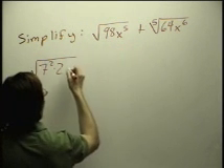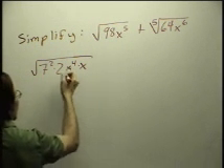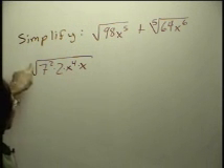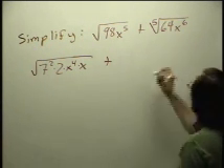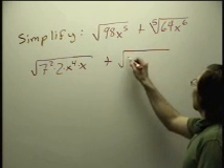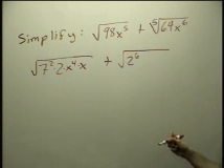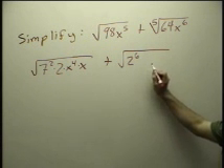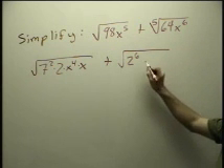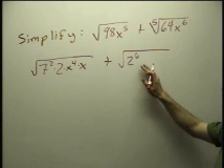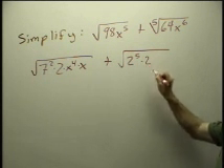and x to the 5th, we take out the square factor, which is x to the 4th, because it's the square root. Here, 64 is 2 to the 6th power, okay? And x to the 6th, well, we can write 2 to the 6th power as 2 to the 5th power times 2.